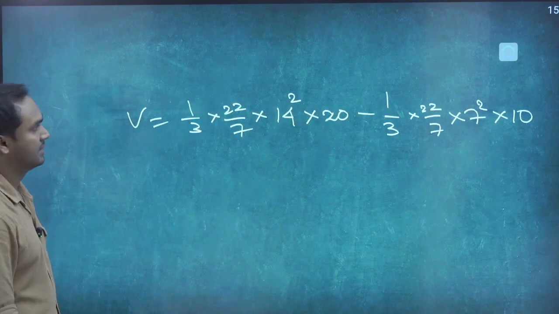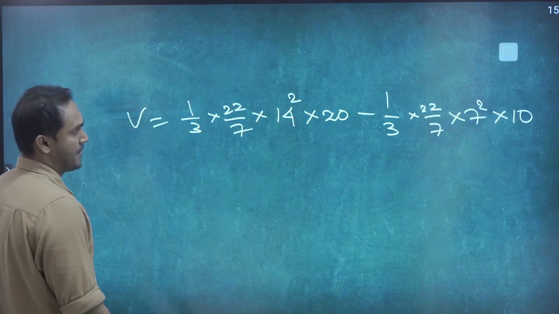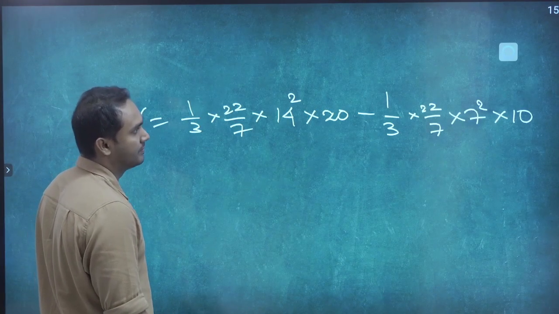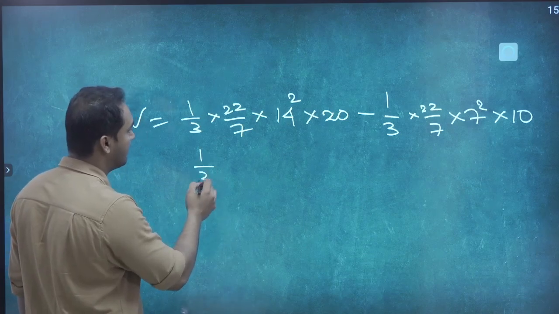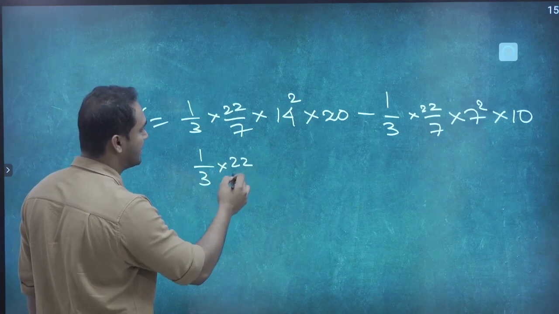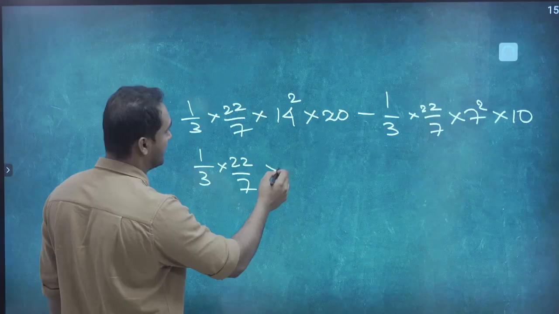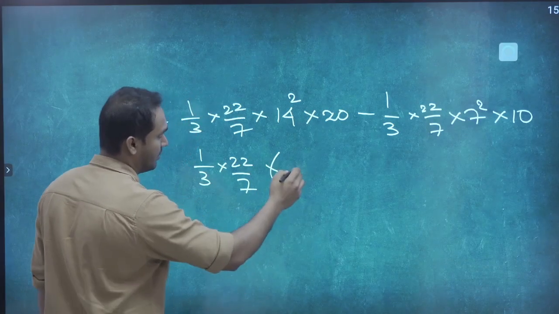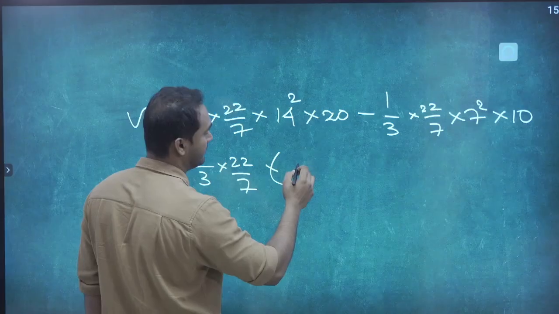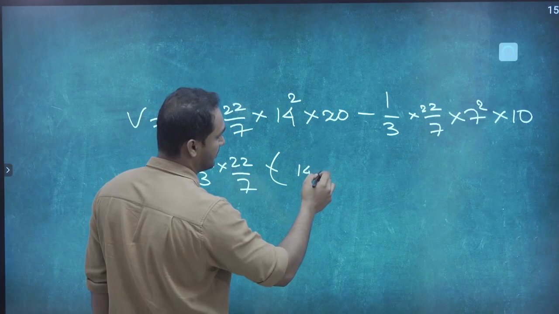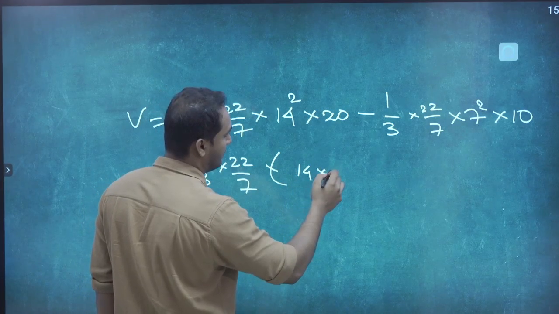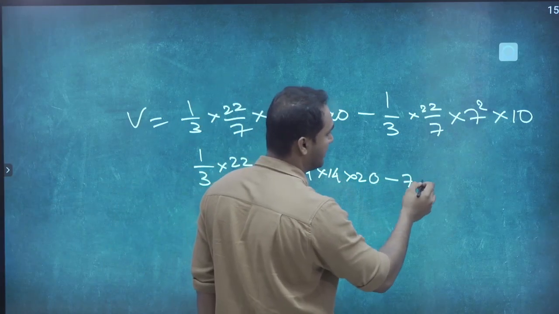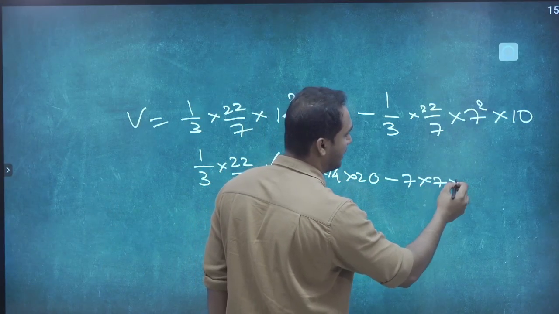Now simplify this. You can take the common factors if you want. The common factors will be one-third, 22/7. This is common. So what is left here is 14 square into 20 minus 7 square into 10, which is 14 into 14 into 20 minus 7 into 7 into 10.